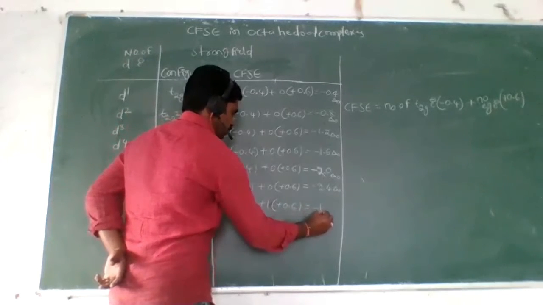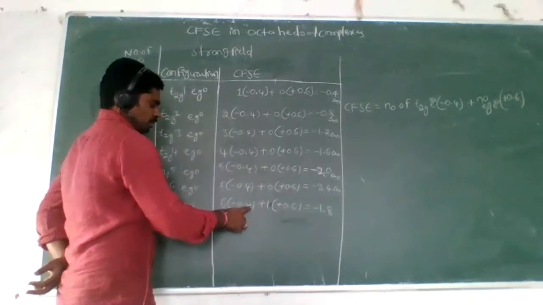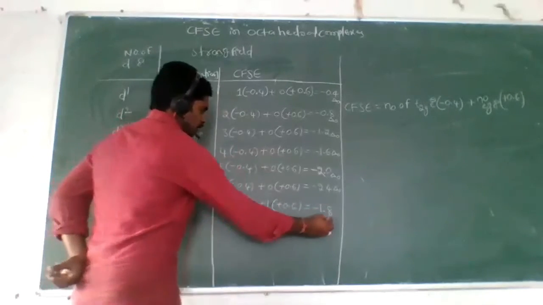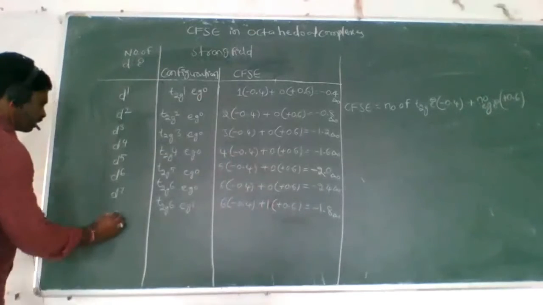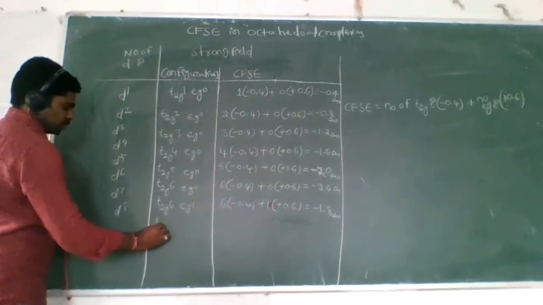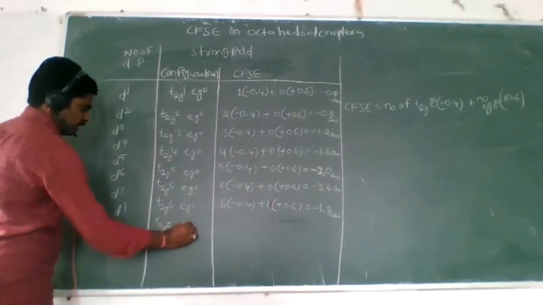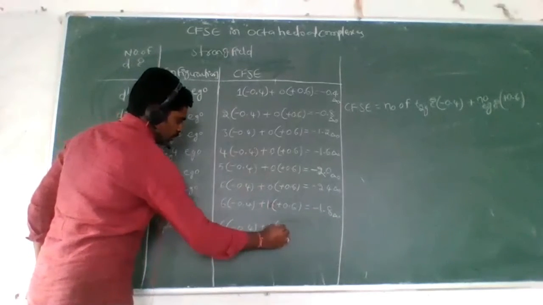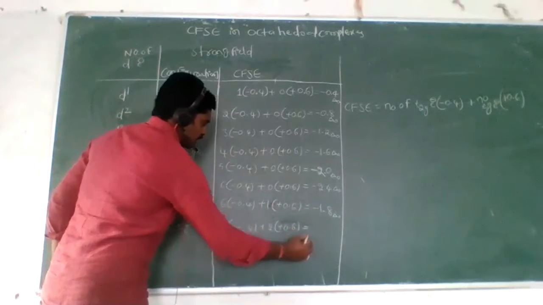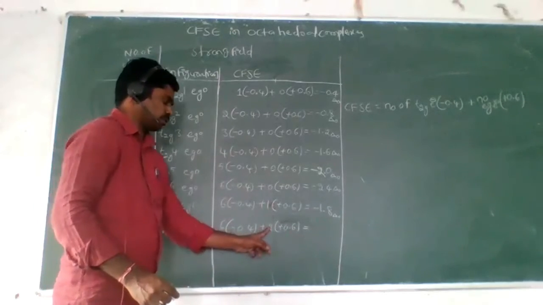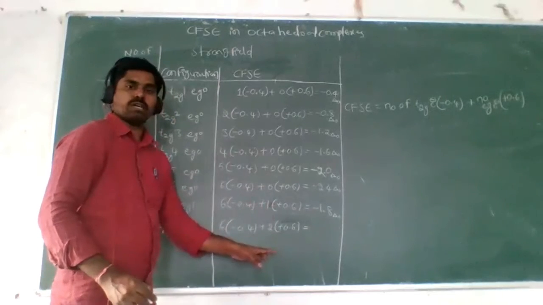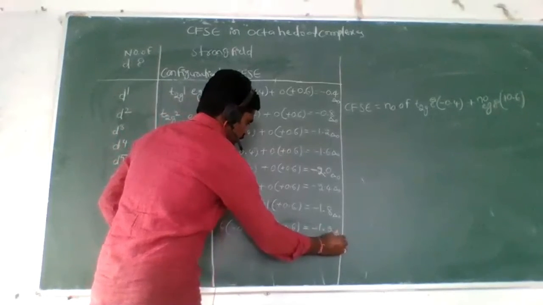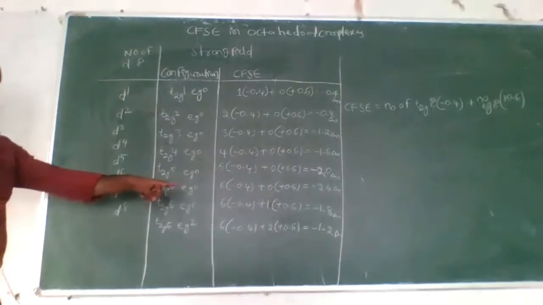Is it clear now? Next, d8: T2g6 EG2. So 6 times minus 0.4 plus 2 times plus 0.6, that is 6 fours are 24, 2 sixes are 12, 24 minus 12, so minus 1.2 delta naught.